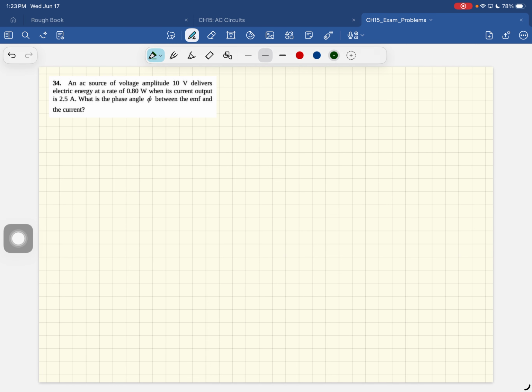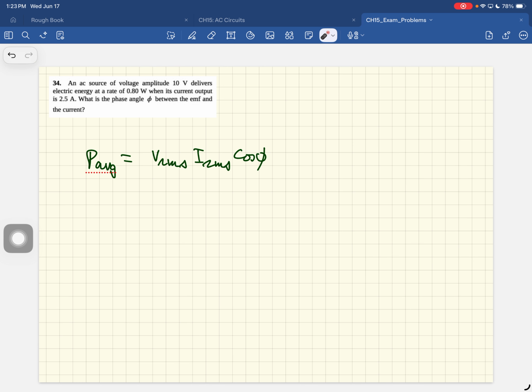So that's 10 to the minus 3, and that comes to the top, so that's 10 cubed. Omega is the square root of 10 to the 5, and radians per second.